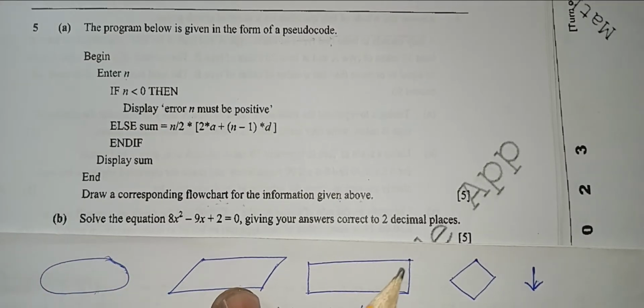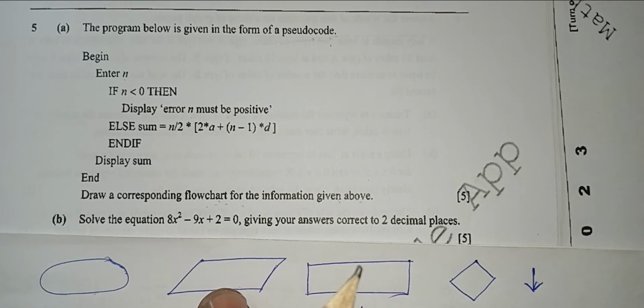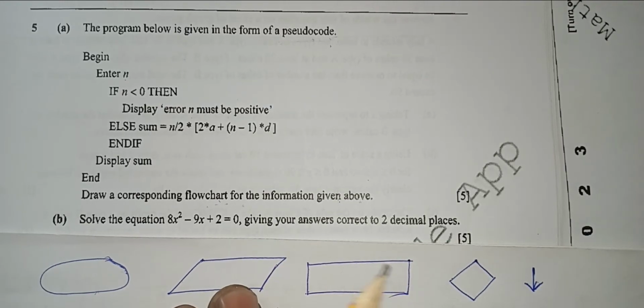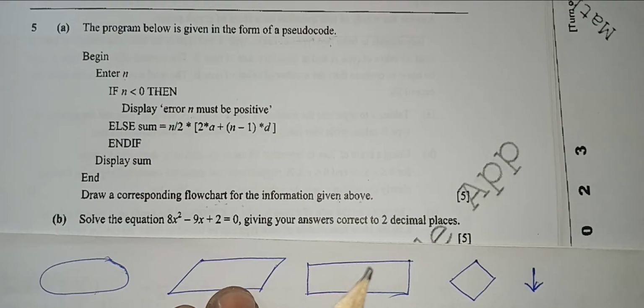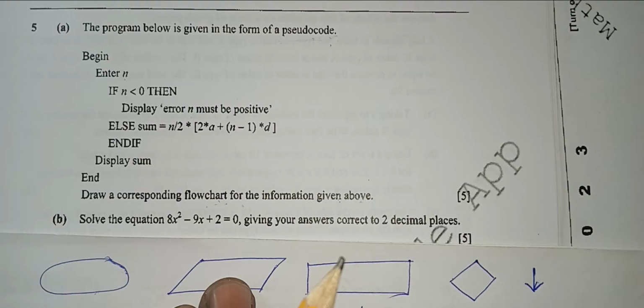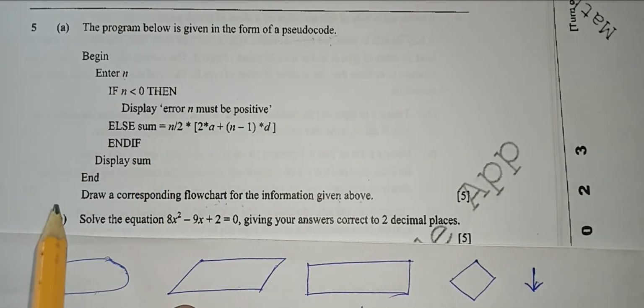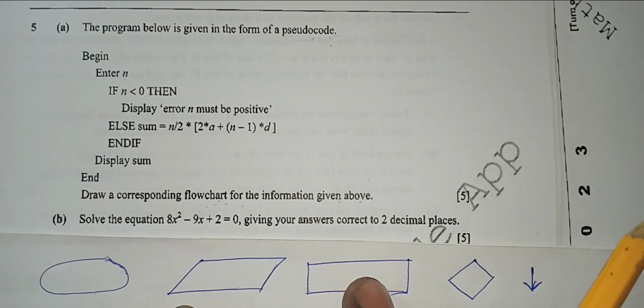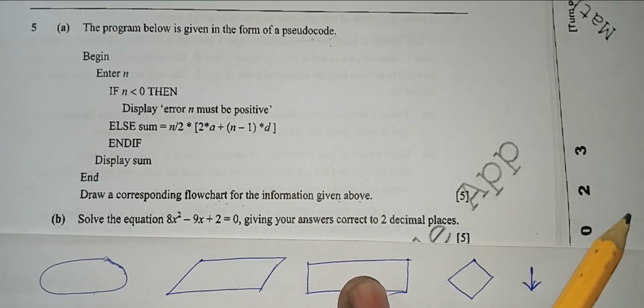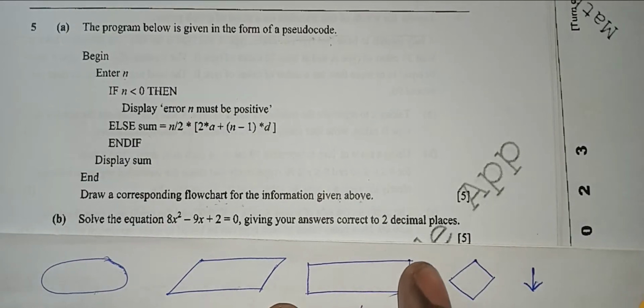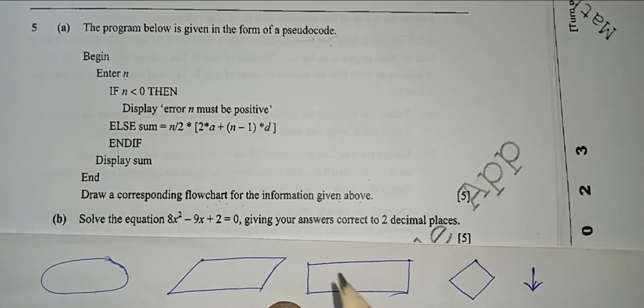The second one is the parallelogram. Parallelogram is used for entering as well as inputting of information that we are going to use in our process to find, in this case, the sum of numbers. Then we have the rectangle. The rectangle is used for processing of information, also known as the formula box.